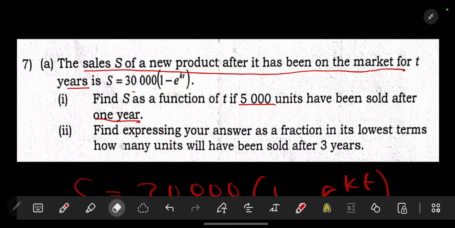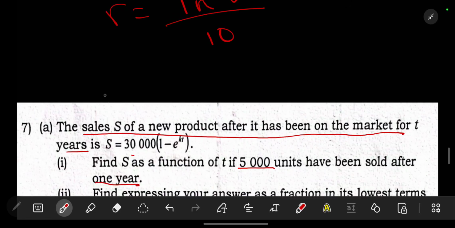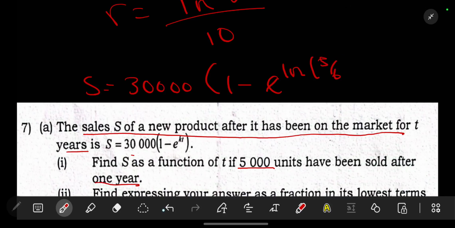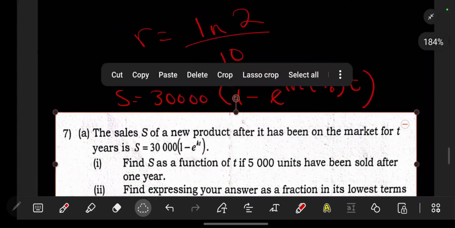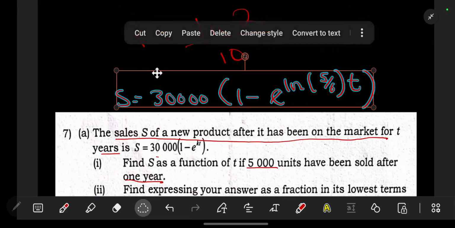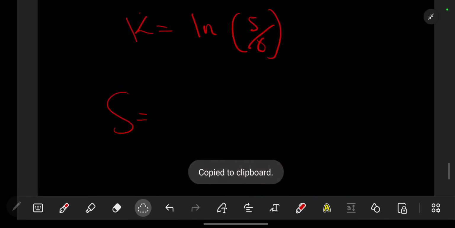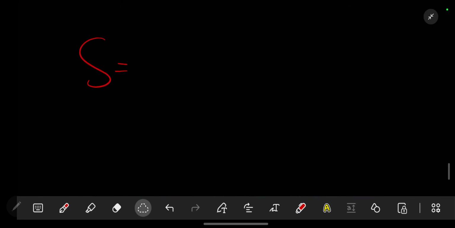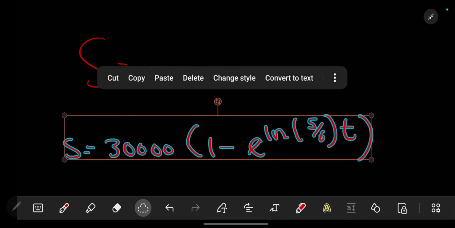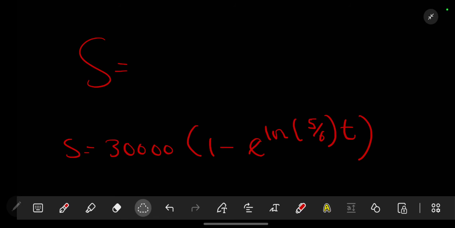So S is equal to 30,000 open brackets 1 minus e, where there is k you put the value, the ln of 5 over 6, times t. So this is the expression that they want.